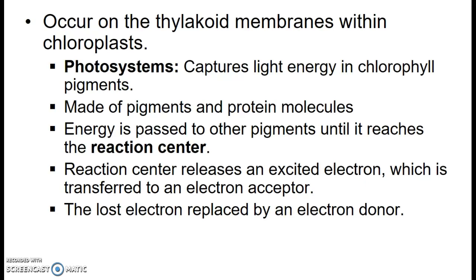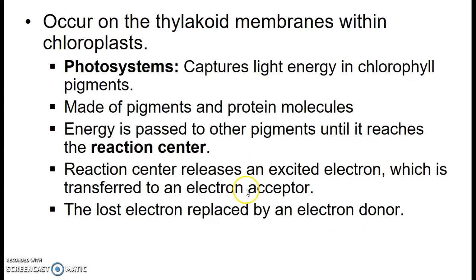Okay, so we're going to talk about the light-dependent reaction. So basically, the photosystem, which has the chlorophyll pigment, captures energy from the sun, and then the energy is passed around within the photosystem and causing the photosystem to release an excited electron, which is charged with energy, and it's transferred from the photosystem to the electron transport chain.